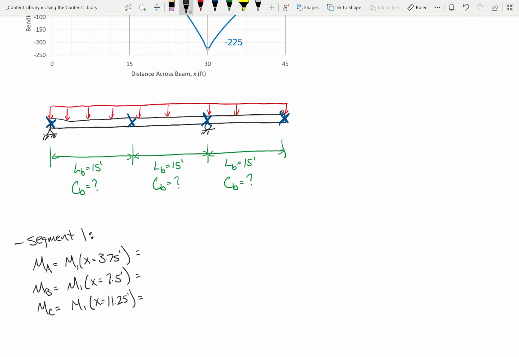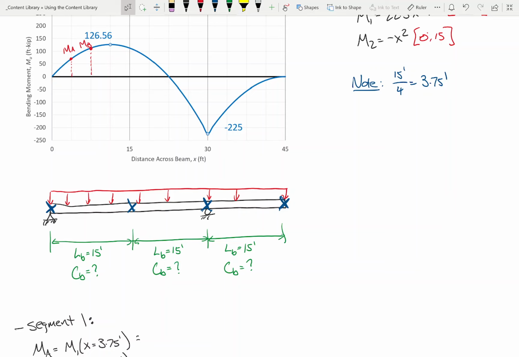And so I'm basically plugging and chugging into that first expression. Why am I using the first equation? Because that first equation defines the moment diagram all the way across.